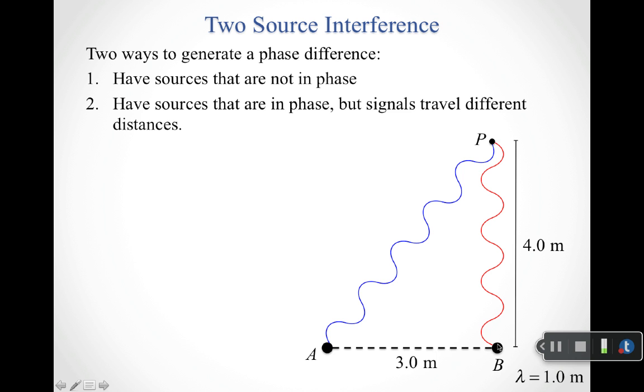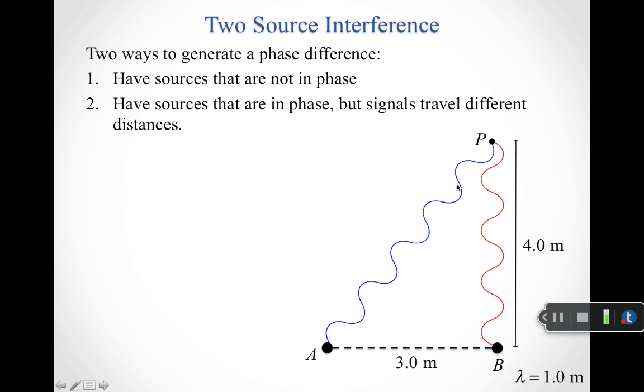So if you look at this picture here, again, I've got source A and source B, and these two waves are in phase. Notice that basically they're starting at 0 and starting with a positive peak. So they're perfectly in phase, but what you notice is, because we have a 3, 4, 5 triangle here, my red wave only travels 4 meters, my blue wave travels 5.